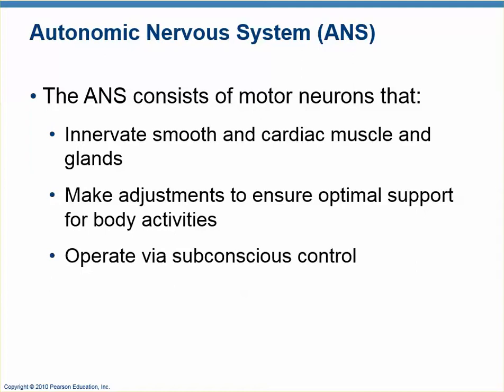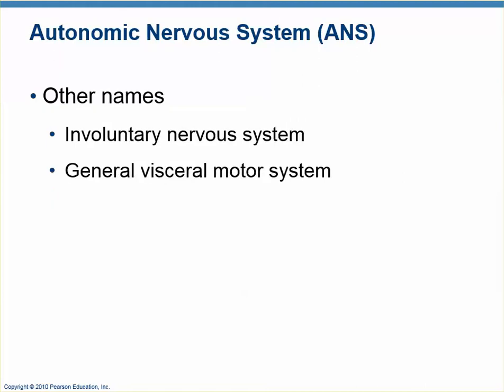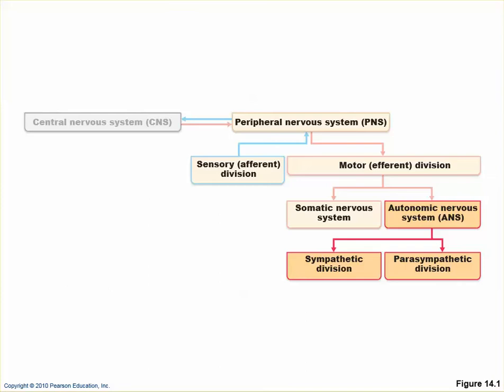It innervates the organs. It is involuntary. It's subconsciously controlled. And so these are the other names for it. The autonomic nervous system actually has two divisions: the sympathetic and the parasympathetic divisions.